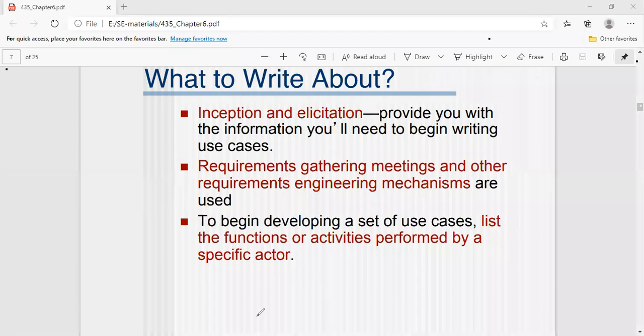Here again we have three steps. The first one is inception and elicitation. It provides you with the information you will need to begin writing use cases. In the inception phase, we collect all the requirements from the client, what he needs related to that particular function.